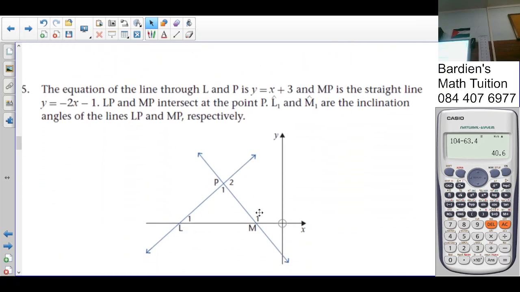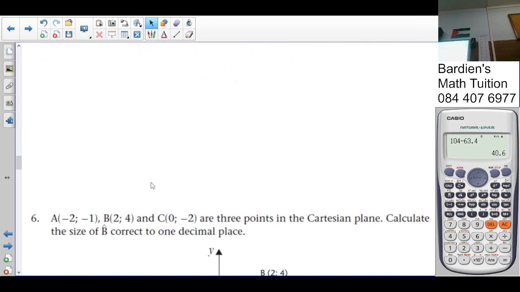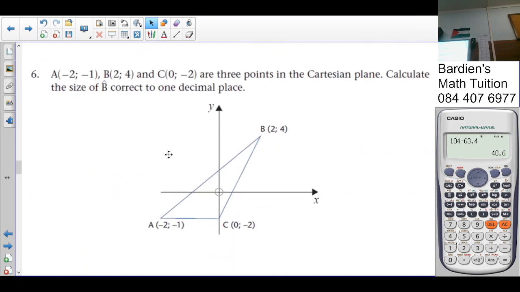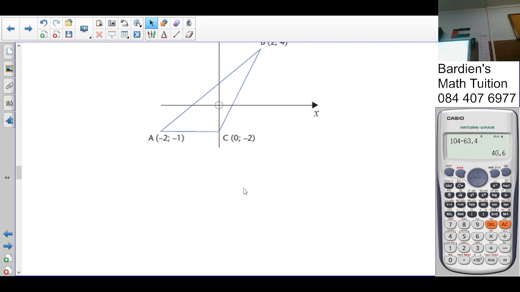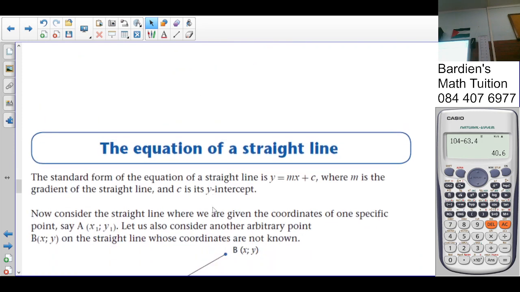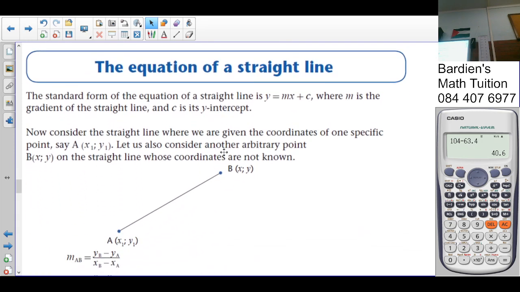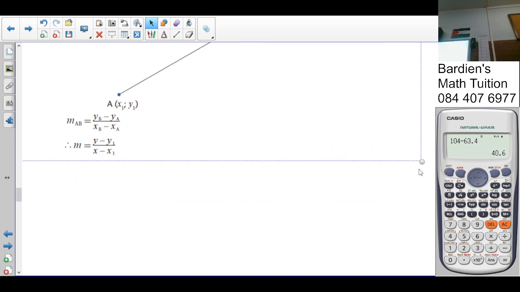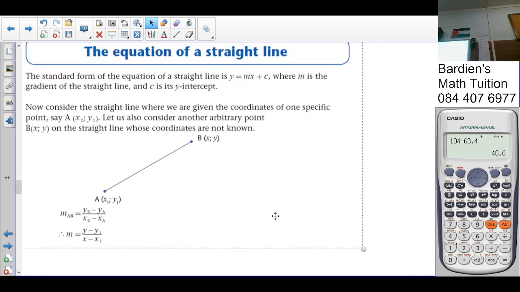Number 5 is similar to what we just dealt with in the previous sum here, done in the same way. Okay? The next heading is equations of straight lines. First example after this is on page 97.